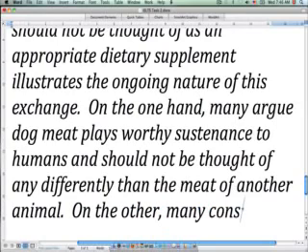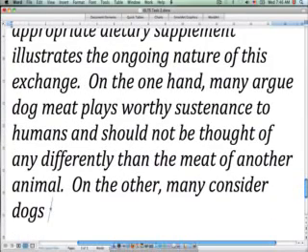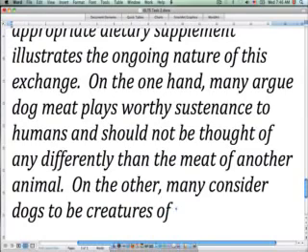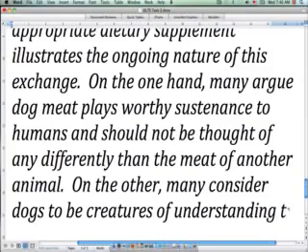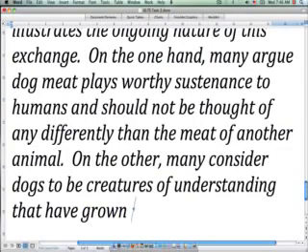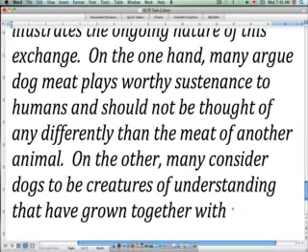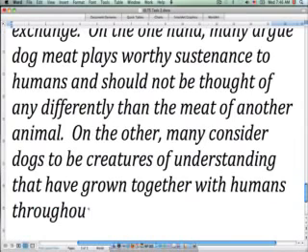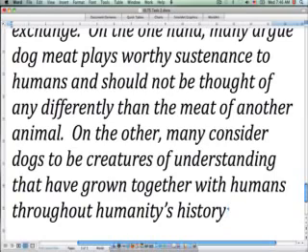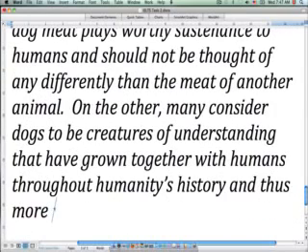Many consider dogs to be creatures of understanding that have grown together with humans throughout humanity's history, and this has created more of a friendship relationship between them rather than a predator-prey relationship.